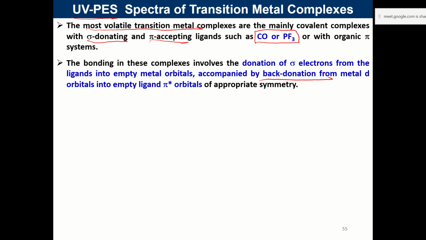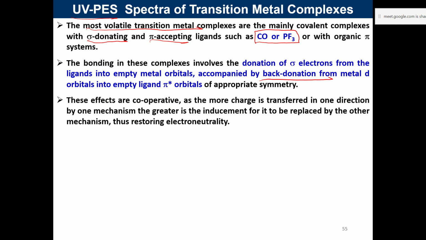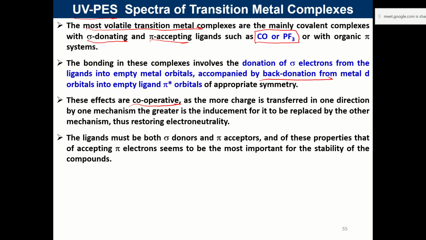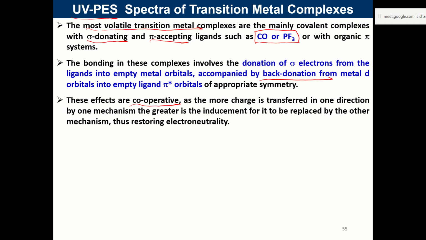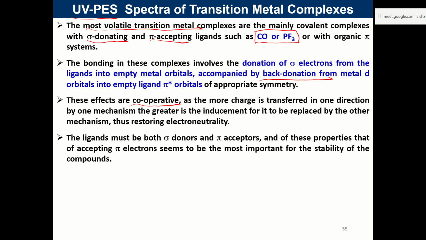That determines the stability. So this is a cooperative effect: the more charge goes through the sigma bond, the stronger the sigma donation, the more buildup of charge there will be on the metal, and then the metal will also try to restore electron neutrality and give back electrons to the ligand. So that's why we sometimes say this is a cooperative effect.